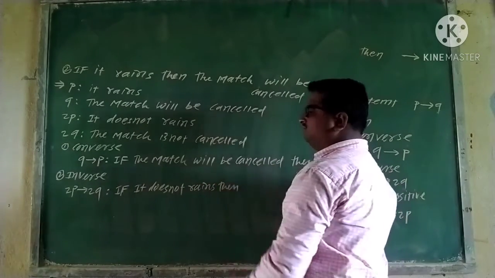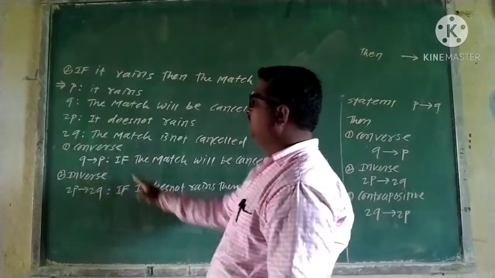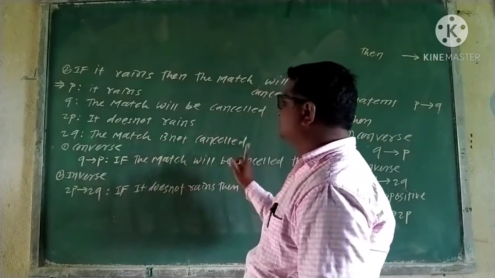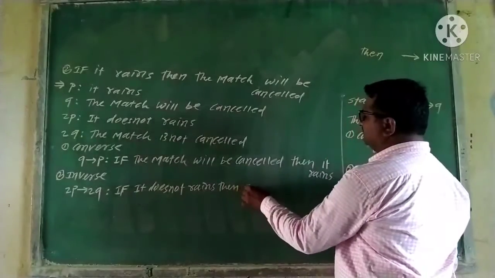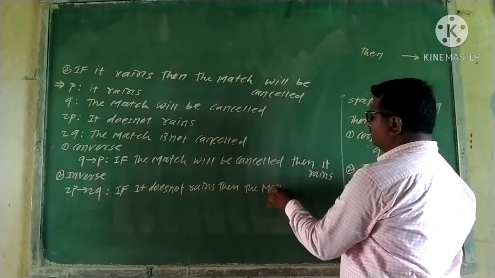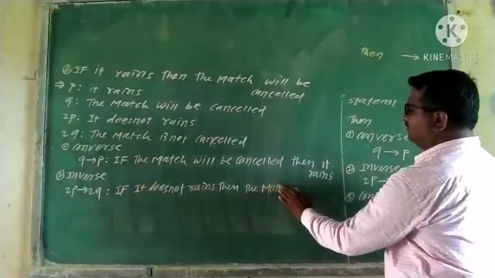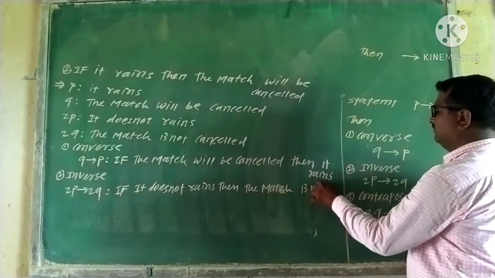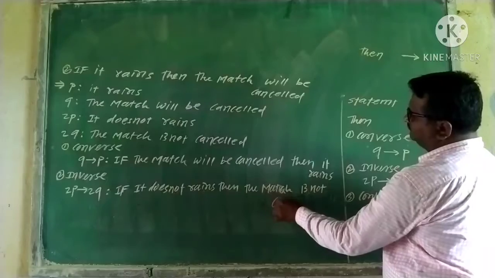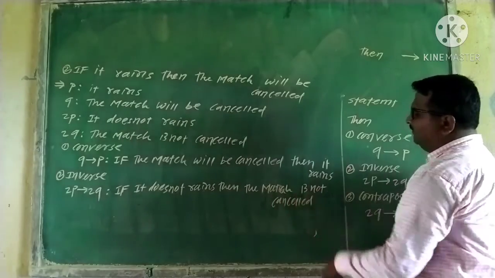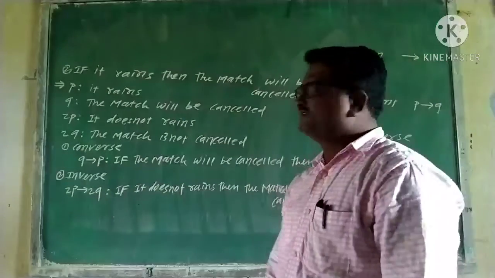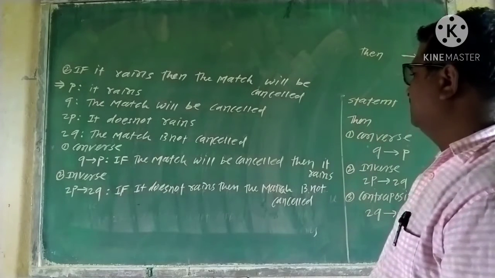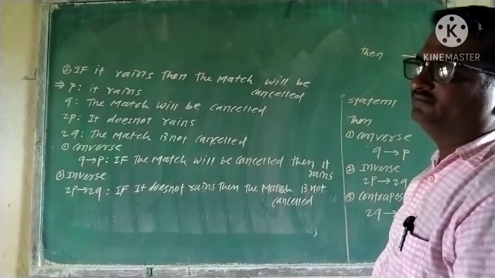Then negation Q: the match is not cancelled. Means the inverse is: if it does not rain, the match is not cancelled.